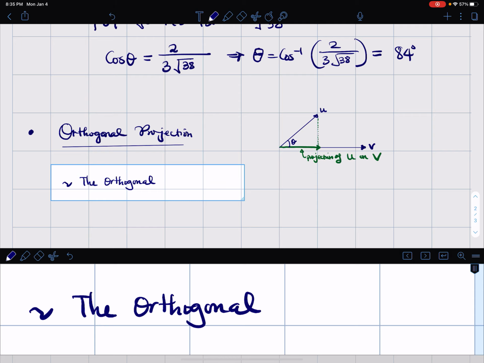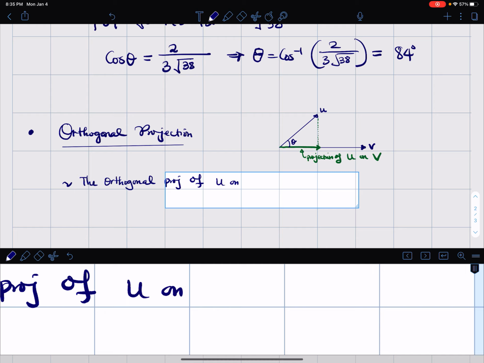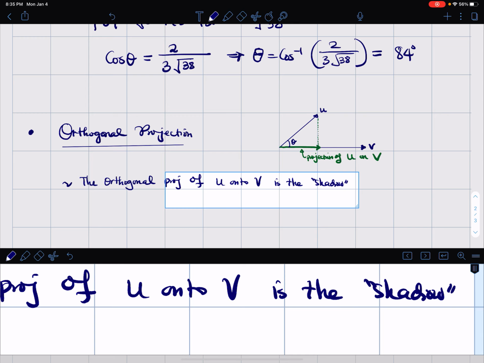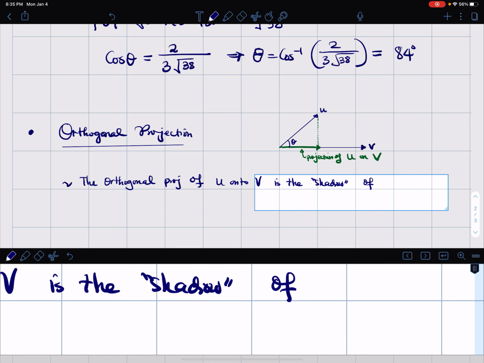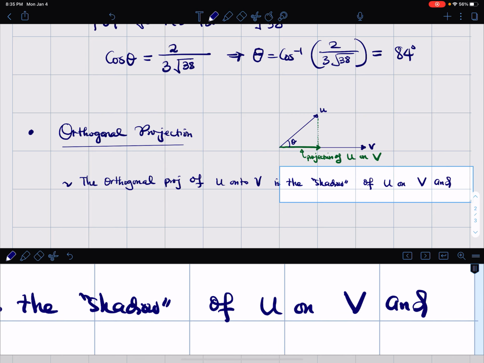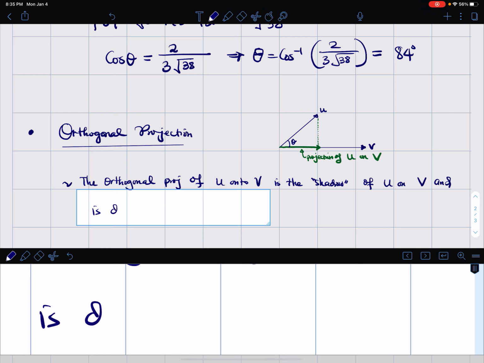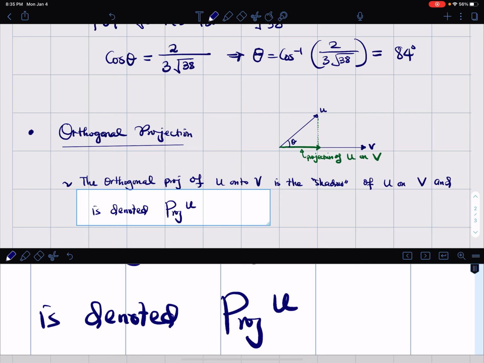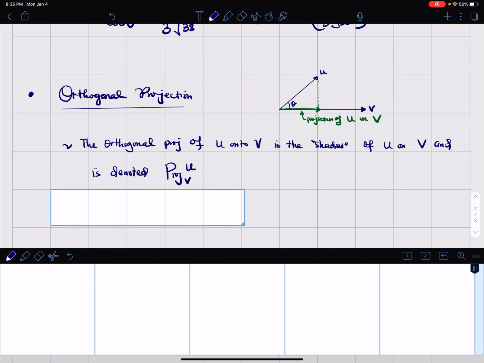The orthogonal projection of u onto v is the shadow of u on v, and is denoted proj_v u. So that's the notation.